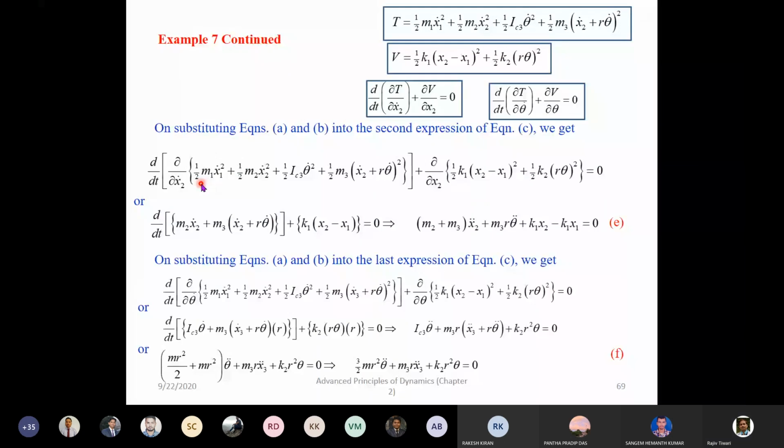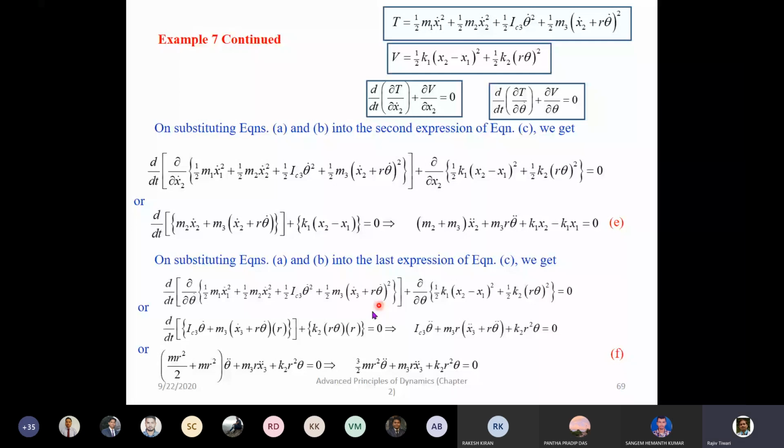Similarly, for the second equation x2, once we substitute the kinetic energy and potential energy and differentiate, we'll get the second equation of motion. Similarly, when we substitute in the third one, this is simple differentiation, so we'll get the third equation of motion.